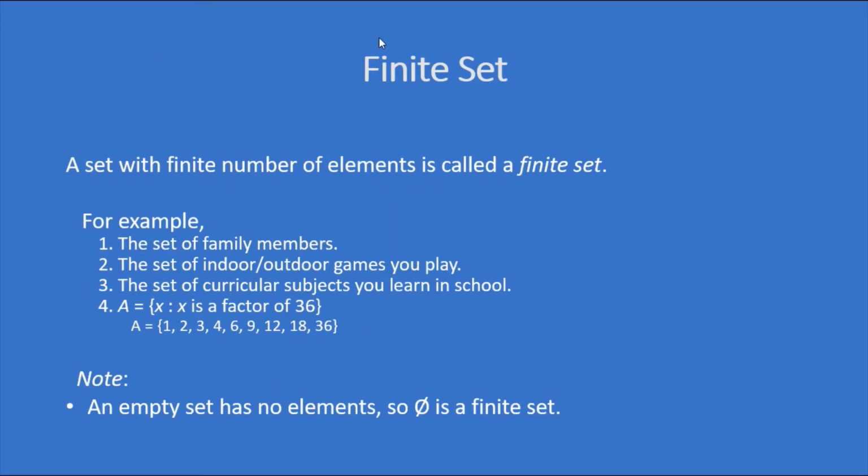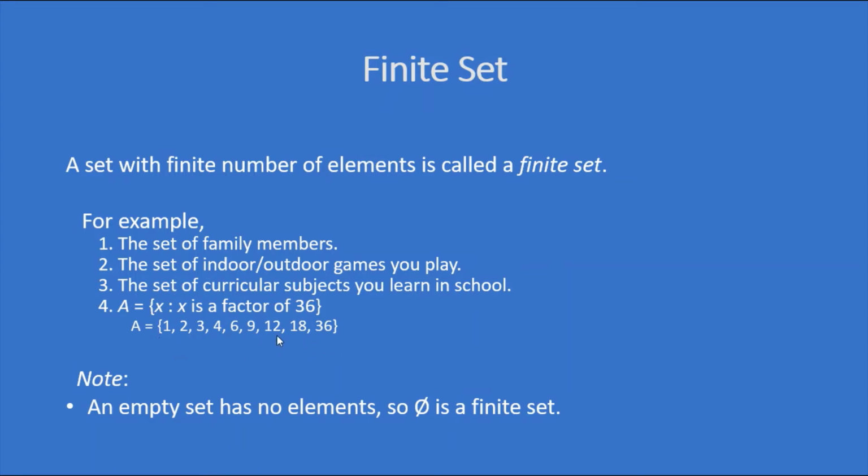Finite set. A set with finite number of elements is called a finite set. For example, the set of family members, the set of indoor/outdoor games you play, the set of curricular subjects you learn in school. A is equal to a set of x such that x is a factor of 36. For example, A is equal to 1, 2, 3, 4, 6, 9, 12, 18, and 36.